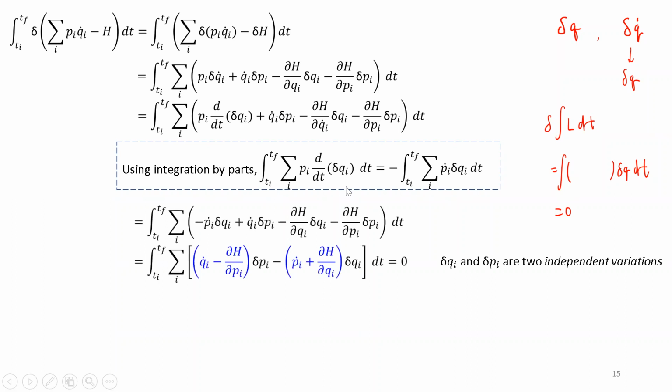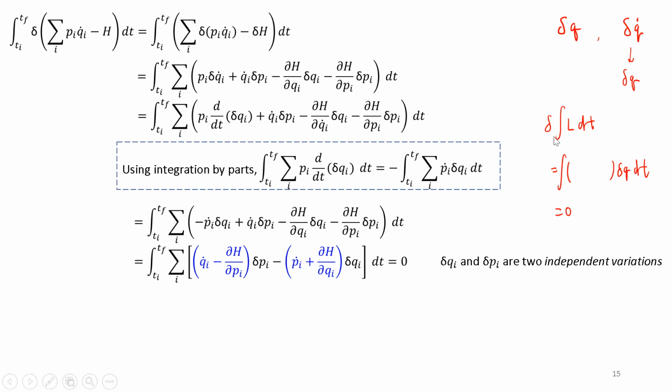So at the end, you have these two groups of terms. The first group comes with delta p, the second group comes with delta q. And when we do this, our thinking is that we treat delta p and delta q as two independent variations.